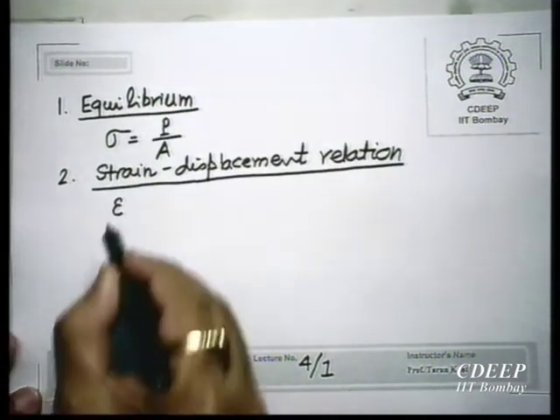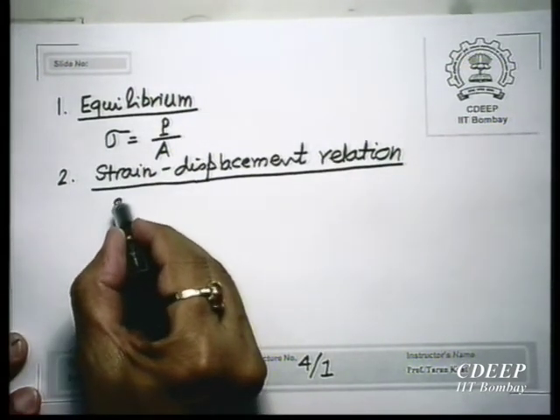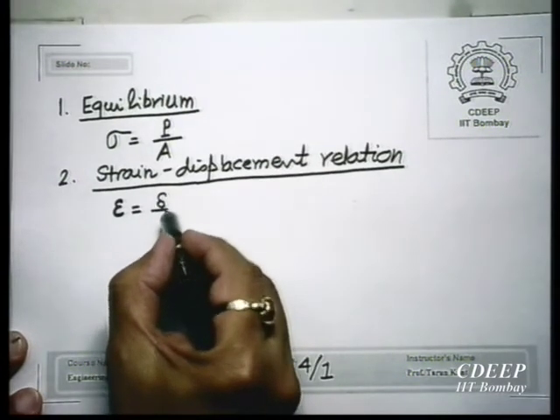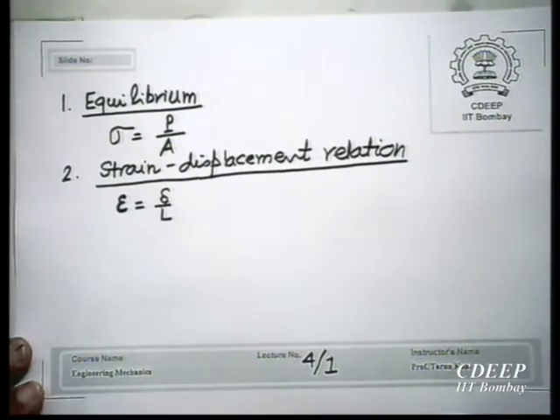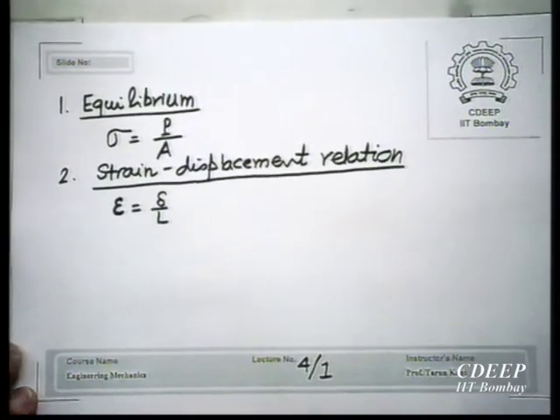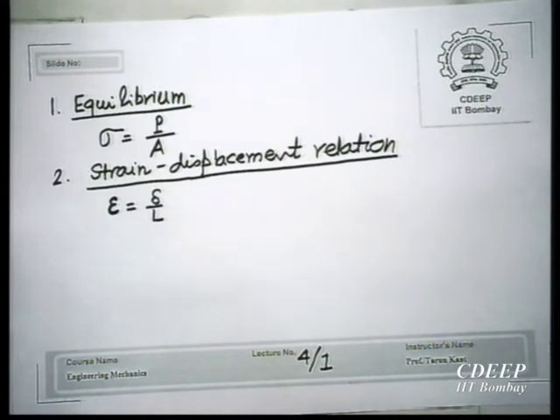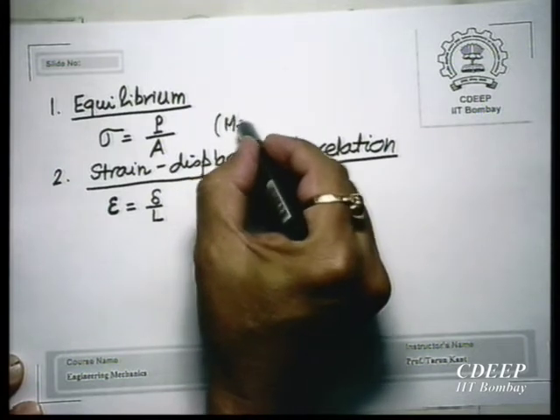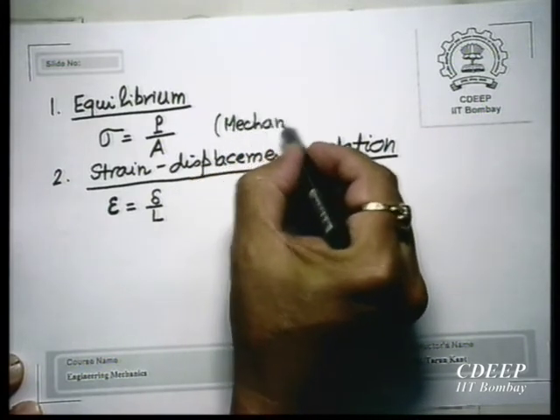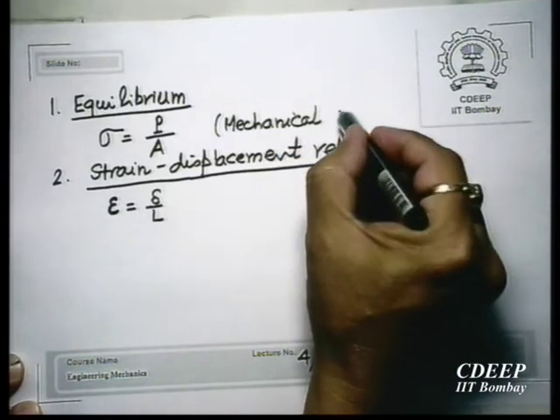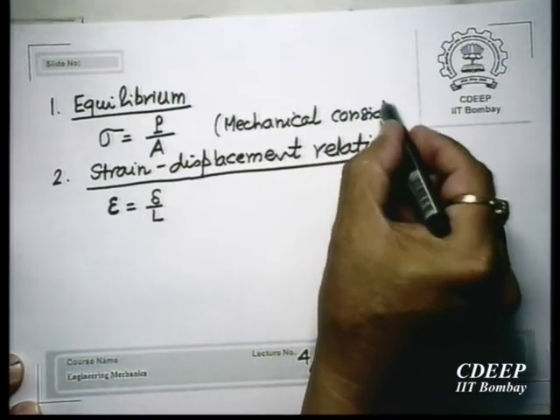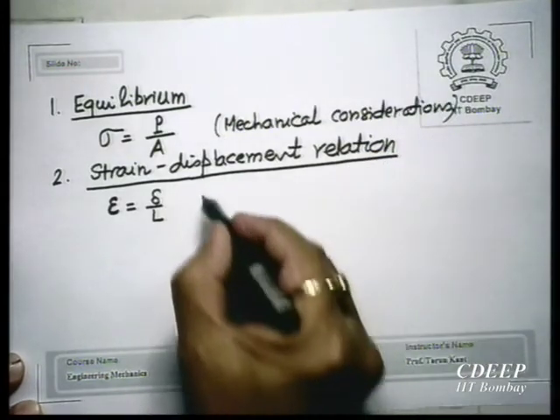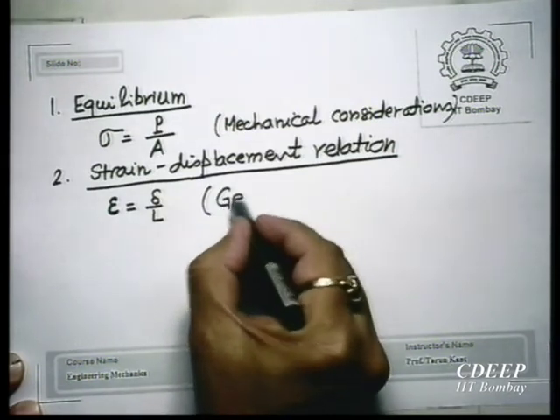We call it strain, epsilon, expressed as delta, the change in length, divided by the original length. It is a dimensionless quantity. The first one is based upon purely mechanical considerations, that means forces, and this one is purely geometrical.